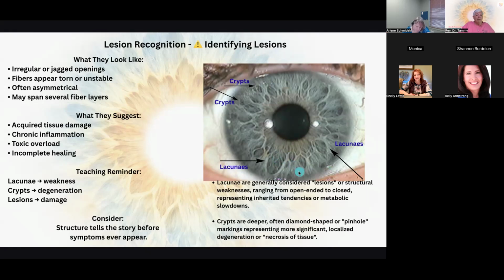I understand lacuna and crypt, but what's the difference with a lesion? Is it the whiteness around it? That's part of it. And it also depends on where it is in the body. Like this one, I'm kind of gathering this might be a left knee.